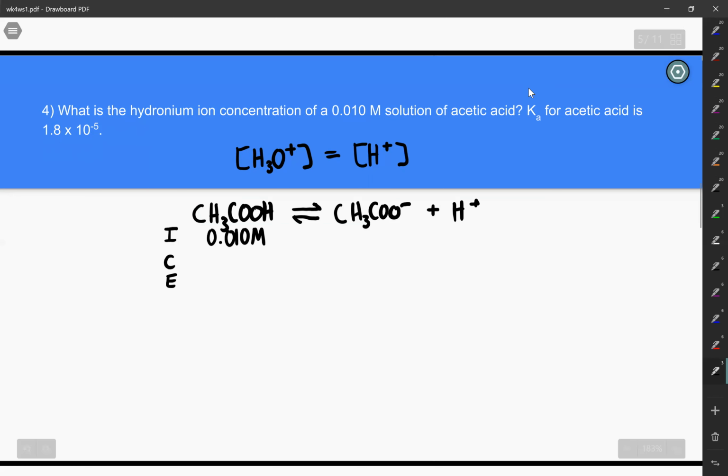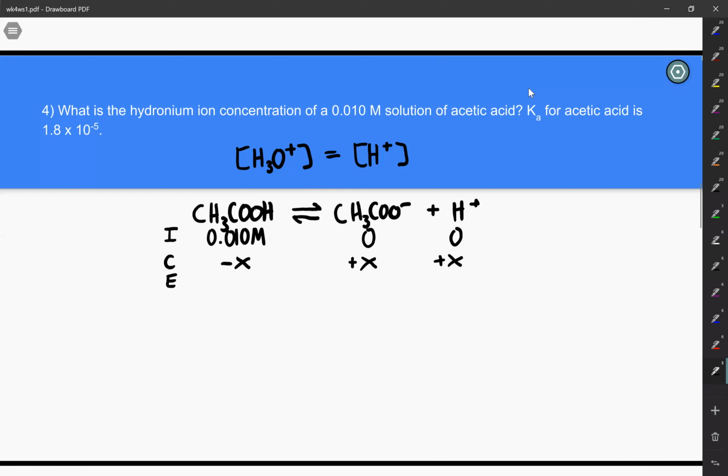And because that's the only species inside your solution at the moment, the other 2 species on the product side would be 0. And then you can calculate the change, and the change is always going to be adding to the side of the equation that doesn't have any concentration. So we're adding X on this side, and we're subtracting X from the concentration that's already there.